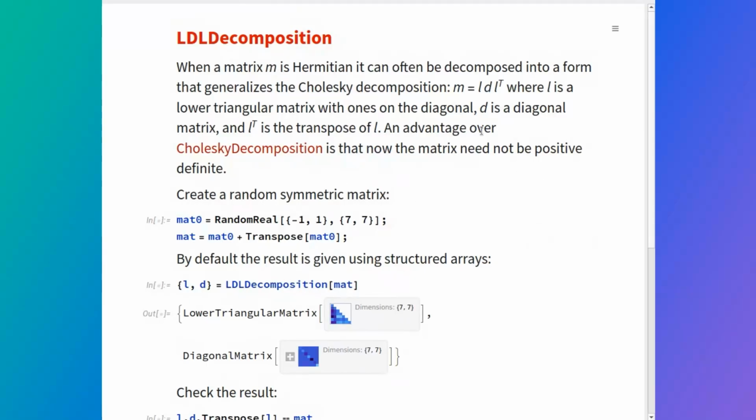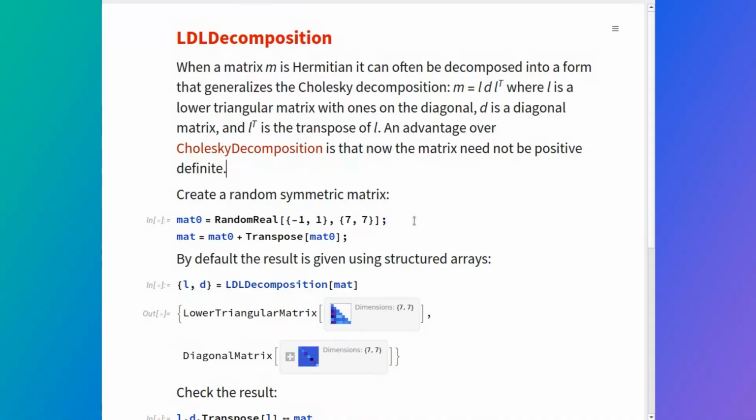And you decompose it like the Cholesky, which does require positive definiteness, except now, instead of decomposing as L times L transpose, you have a diagonal matrix in the middle. So the Cholesky decomposition would be a special case where that diagonal matrix is just the identity matrix.